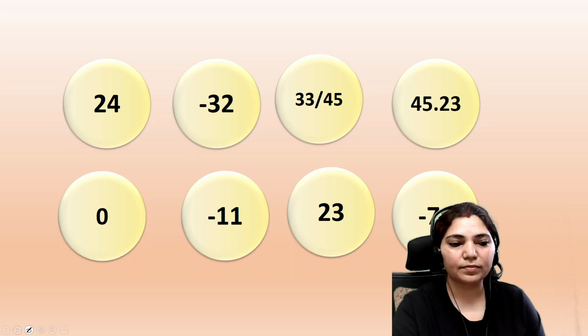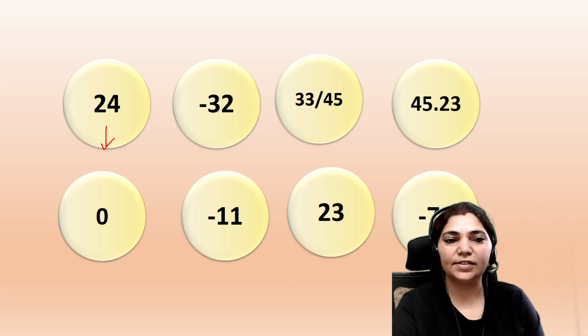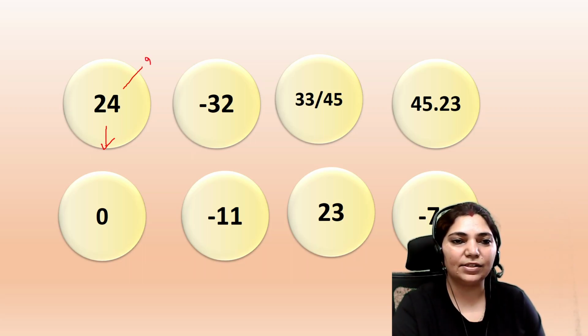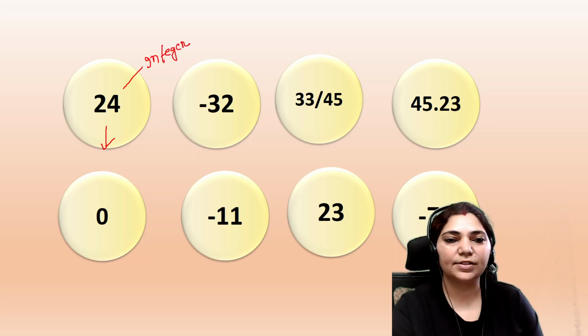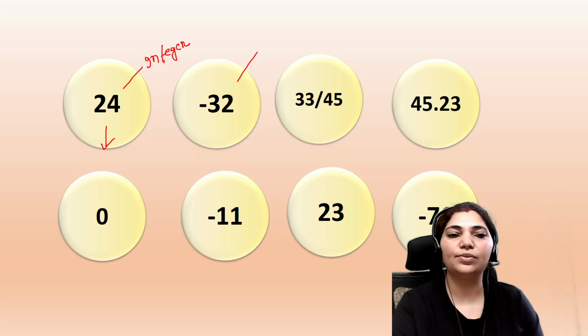Now we already know what integers are. So let us try identifying a few integers, or maybe integers and non-integers. If I say 24, 24 is a positive number. It does not have a fraction, it does not have a decimal, so we call it an integer. What about -32? If it has a minus, we consider a negative number also as an integer.